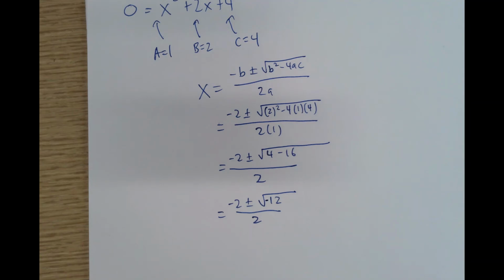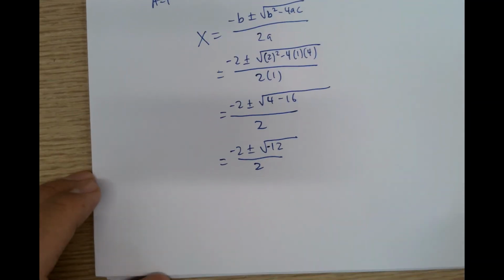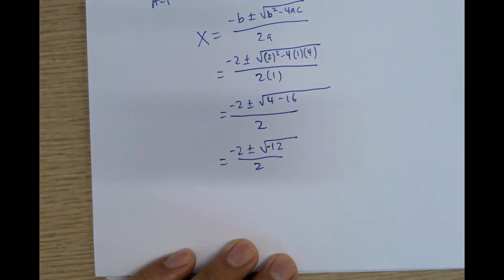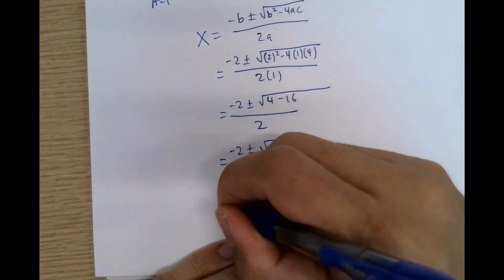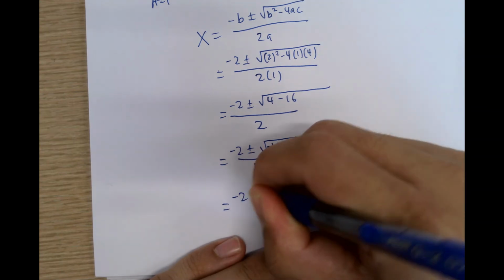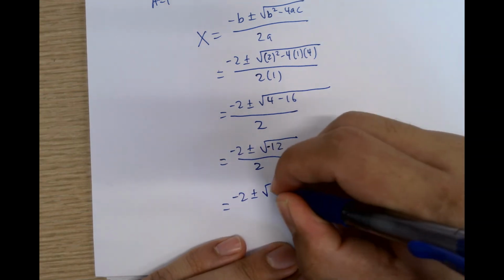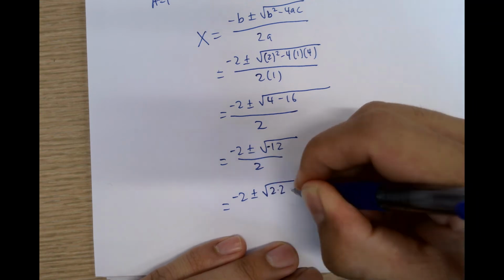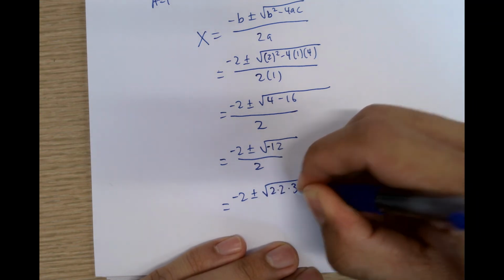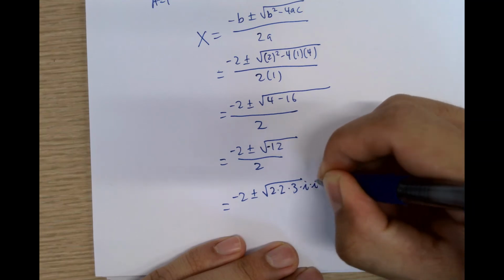The next thing we would do is try to factor out 12. We know that it's not a perfect square, so we can't just get rid of it. So it would be negative 2 plus or minus the square root of 2 times 2, which is 4, times 3 times i, divided by 2.